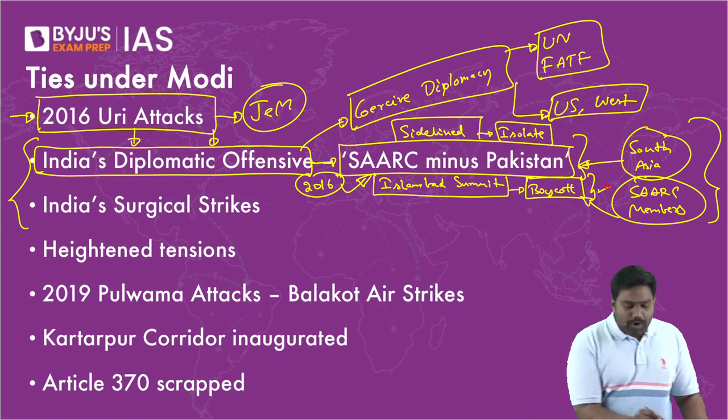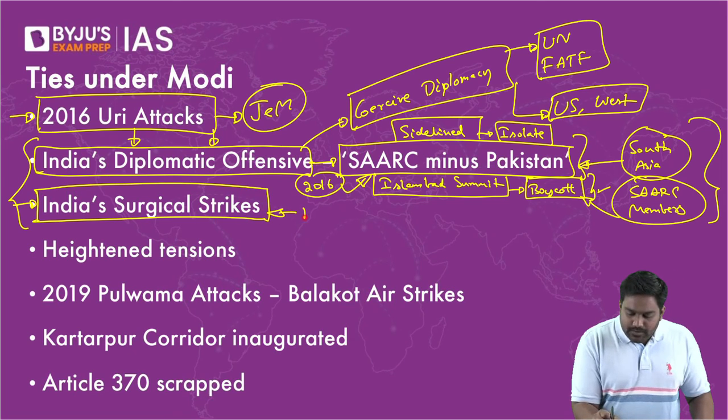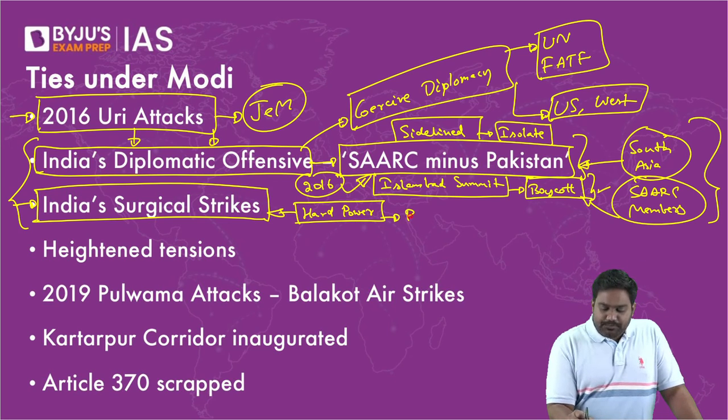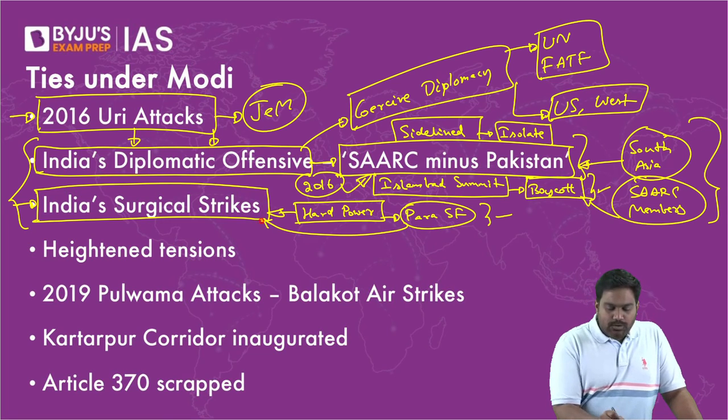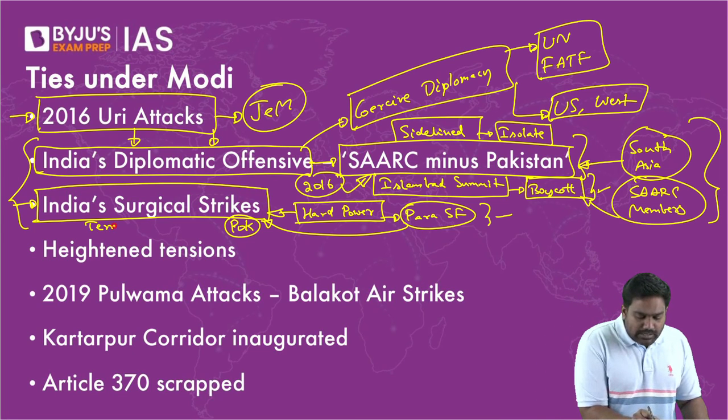Apart from coercive diplomacy, India decided to use hard power as well and carried out surgical strikes. Indian Special Forces, the Para SF, the Para Commandos of the Indian Army, infiltrated into POK across the LOC and struck the terror launch pads that are present right along the Line of Control.